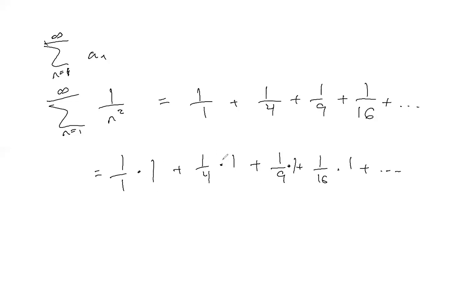Now let's interpret each of these terms as the area of a rectangle. Let's see, 1 over 1 times 1. Let's say the first part of each of these is the height, and this 1 in each of these is the width of a rectangle.